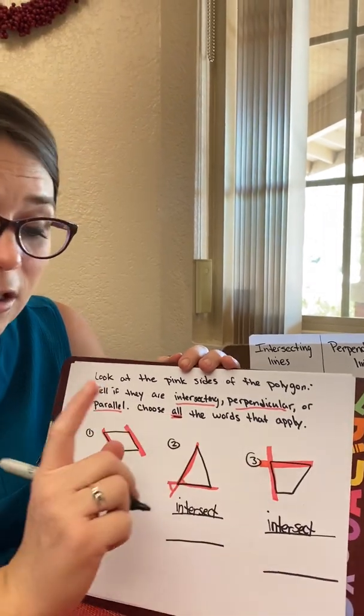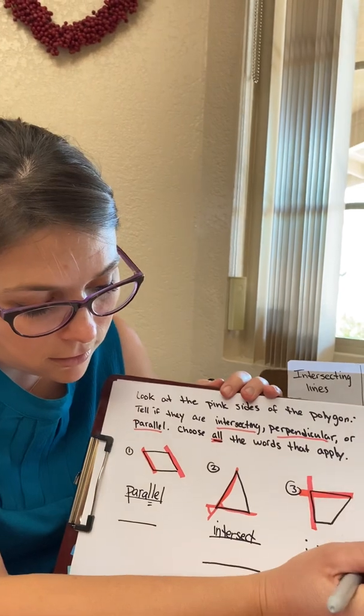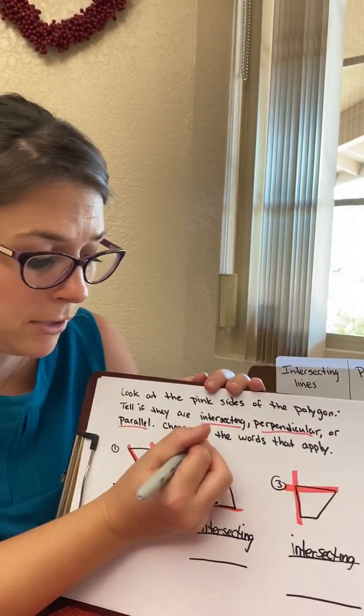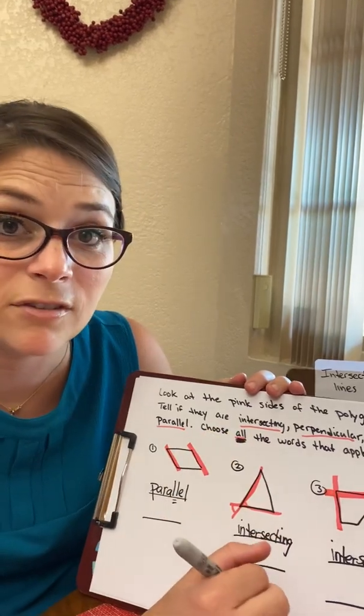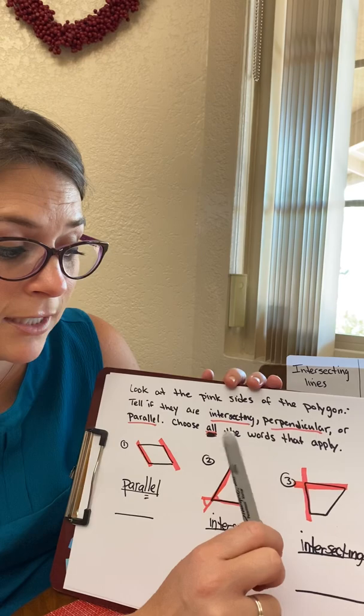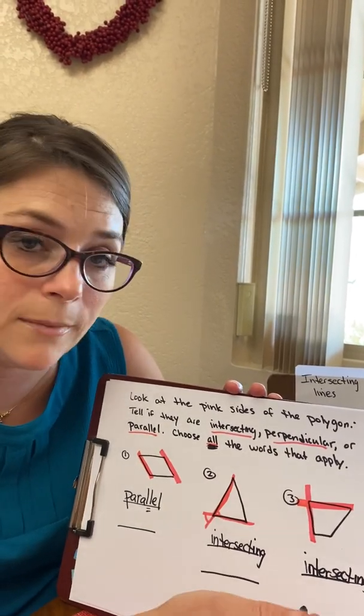And I'm not going to stop just at intersecting. I'm not going to stop just at the one option, because remember, I have that all. I need to decide if there's more than one answer for this. So the next thing I'm going to look at is perpendicular. Perpendicular lines are lines that intersect, that form a right angle.